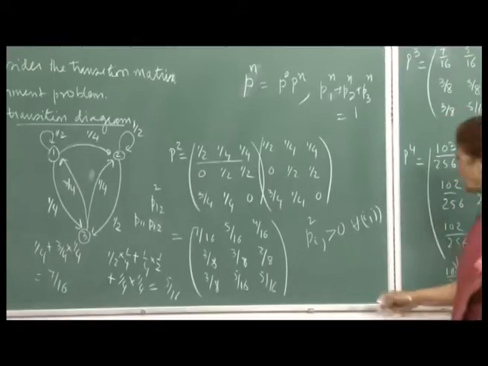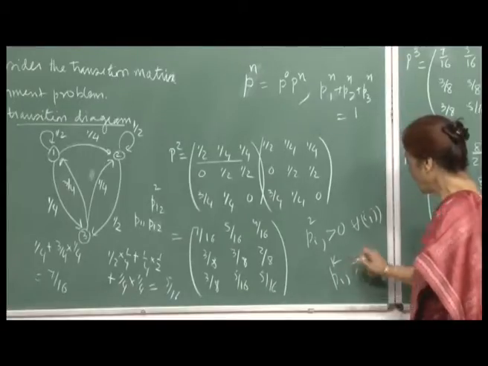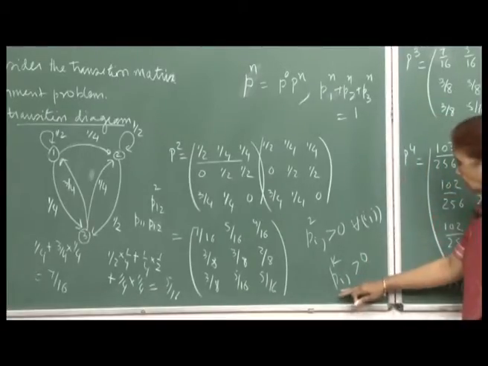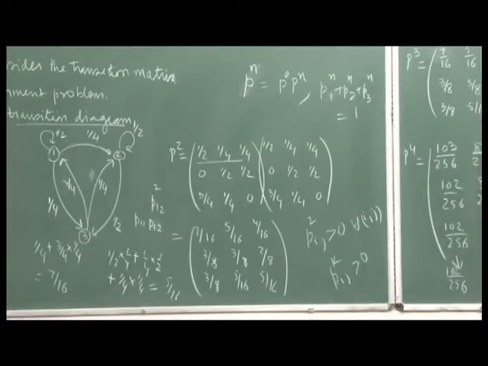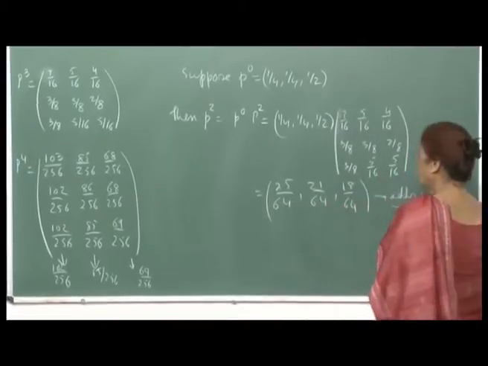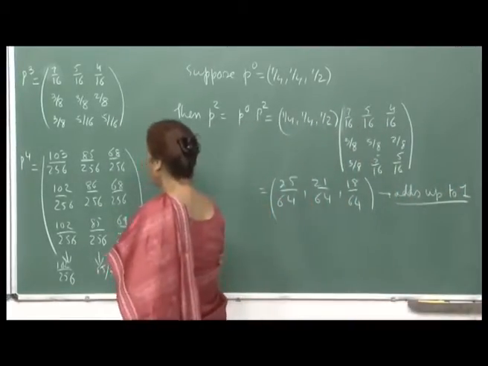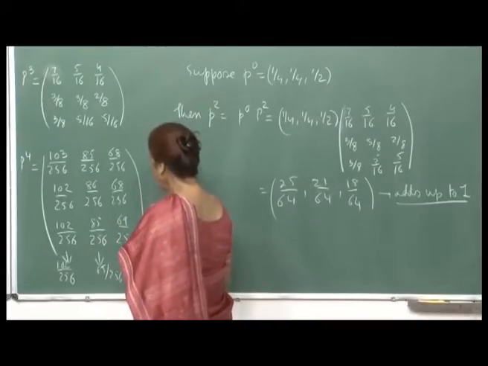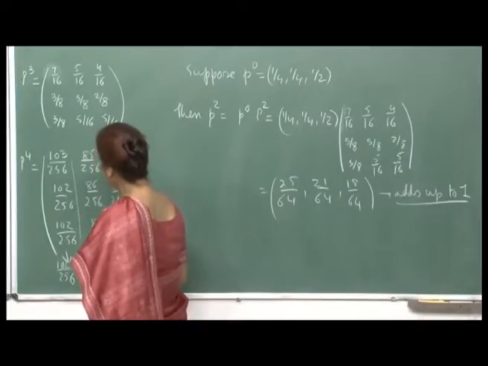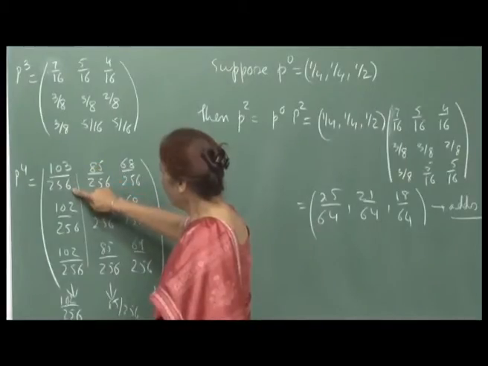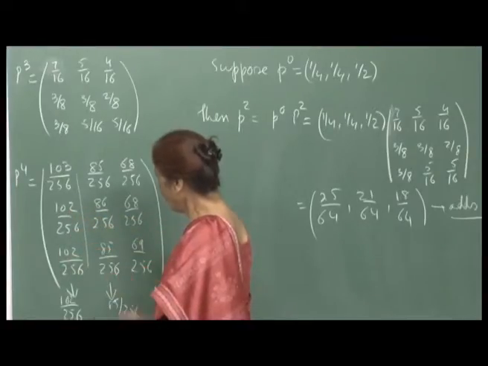And in some other example, if there is some k for which this is positive, then again there is a k step path from every state to another state. Okay. Now, when you look at the fourth power of P, these are the numbers, and if you carefully look at the column numbers, this is 103 upon 256, 102 upon 256 and 102 upon 256.